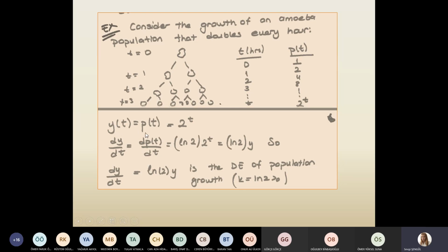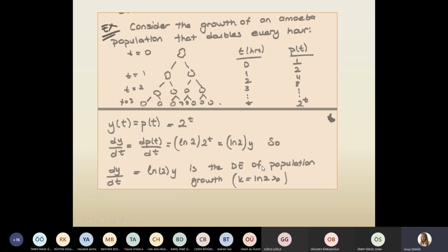So dy/dt is dP/dt, which is the derivative of 2 to the t. And you know that the derivative of 2 to the t is 2 to the t times ln 2. And since 2 to the t is y, instead of 2 to the t, I can write y. So my amoeba growth differential equation is dy/dt equals ln 2 times y.